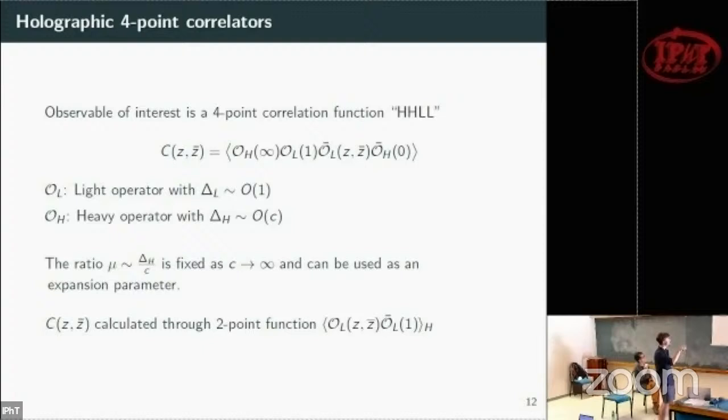So one useful one in this context is what I'm going to be calling mu, and it's like GM in AdS radius units in the bulk, and roughly speaking, it is the dimension of the heavy operator over the central charge, because the heavy operator scales like C. So this is fixed in this large central charge limit, and we're going to use it as a tool, as an expansion parameter.